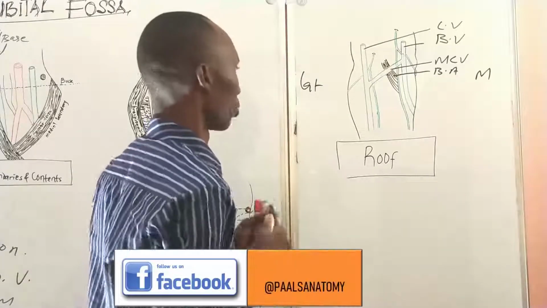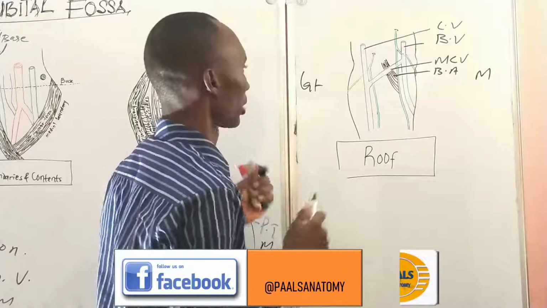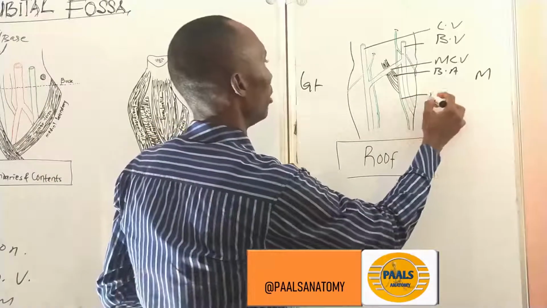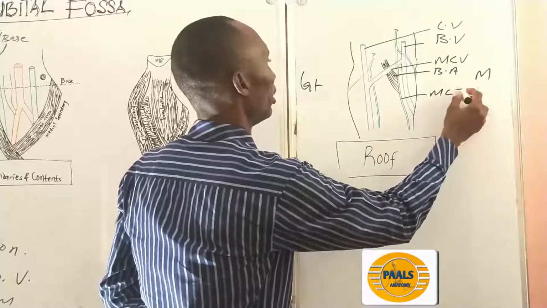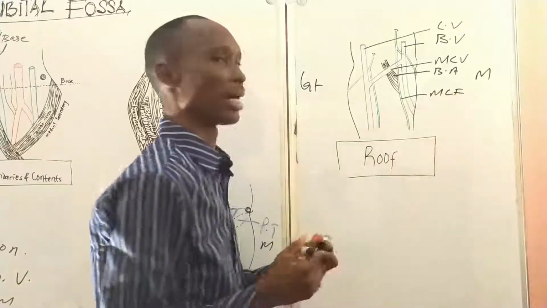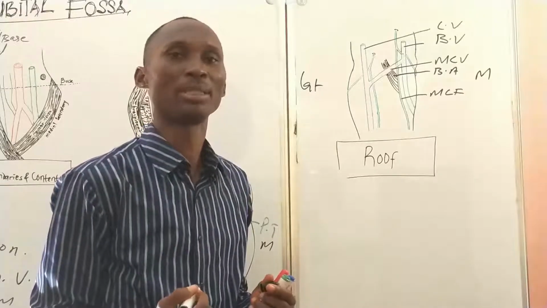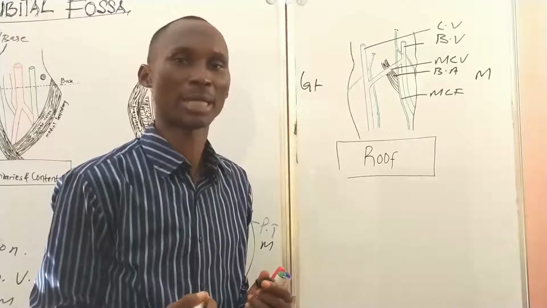Part of the structures we'll see here are the cutaneous nerves. This one on the medial side is the medial cutaneous nerve of the forearm. If you can recall, it is a direct branch from the medial cord of the brachial plexus.